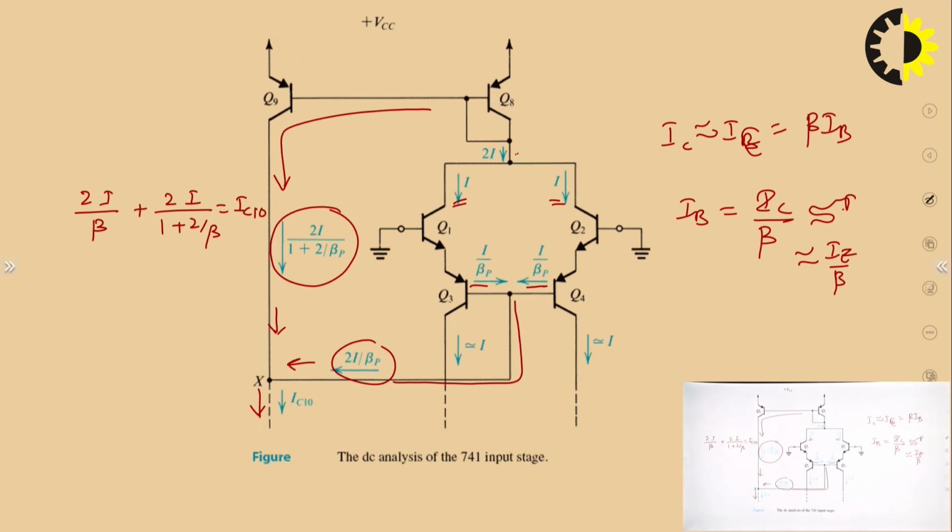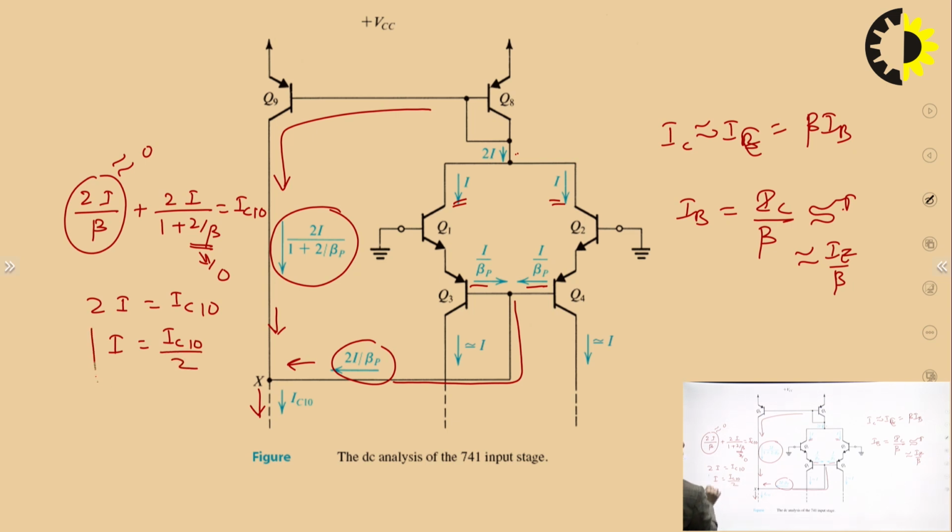And if you consider beta very large, then this term will be nearly equal to 0, and this term will also be nearly equal to 0. So 0 plus 2I upon 1 is equal to 2I is equal to IC10, and you can easily write I is equal to IC10 by 2.